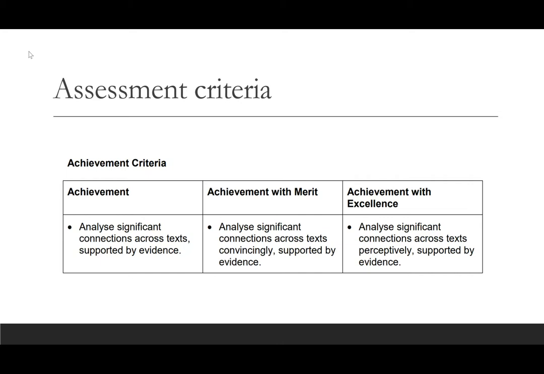So the criteria looks a little bit like this, and I'm going to run you through all those aspects in a moment. So the phrasing of the criteria is that you are assessed on your ability to analyse significant connections across texts supported by evidence, and how well you do that will determine whether you get achieved, merit, or excellence.